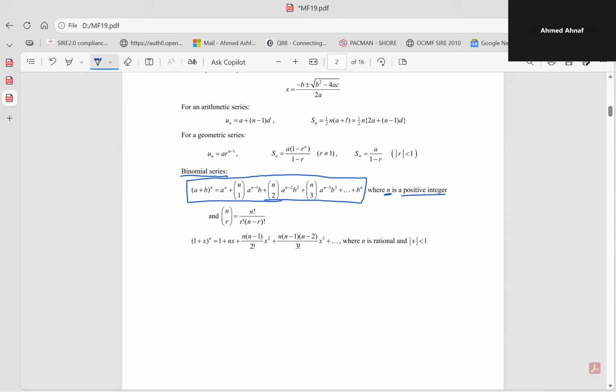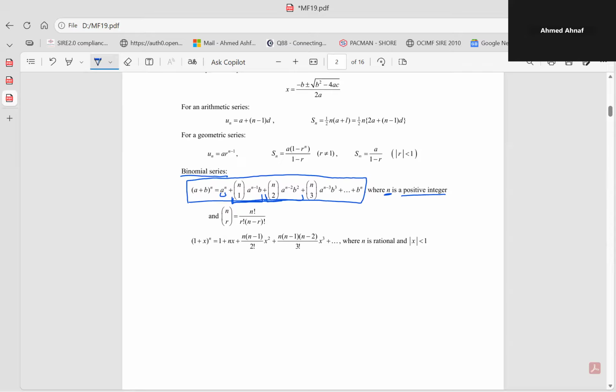So as you can see, to get the expansion of this, the first term is always a to the power of n, and then it is n choose 1 times a to the power of n minus 1 times b. And then the next one is n choose 2 times a to the power of n minus 2 times b squared. So basically what happens is the power of a decreases by 1 for every subsequent term, while the power of b increases by 1 starting from the second term.